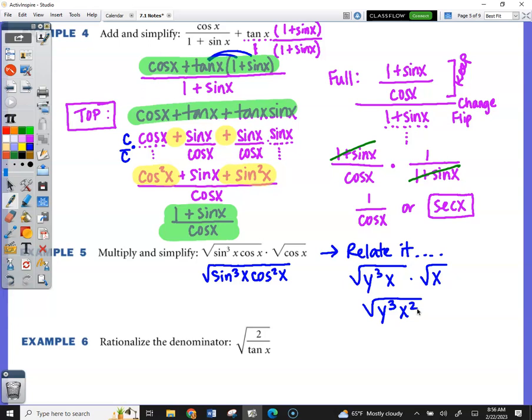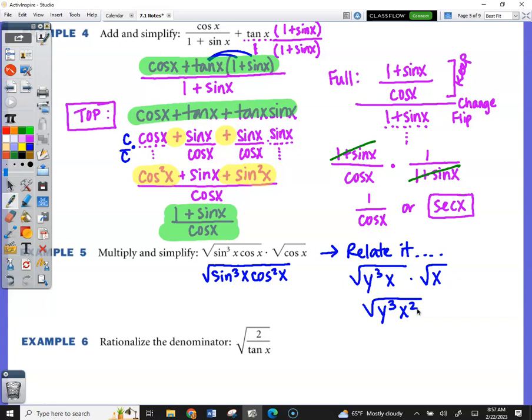I'm trying to think what grade level. 8th grade? 9th grade? You learned simplifying radicals. You learned that the square root of 4 is 2, the square root of 9 is 3, and the square root of x squared is x.